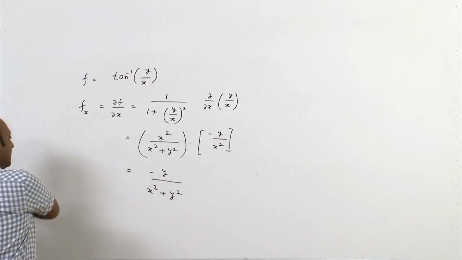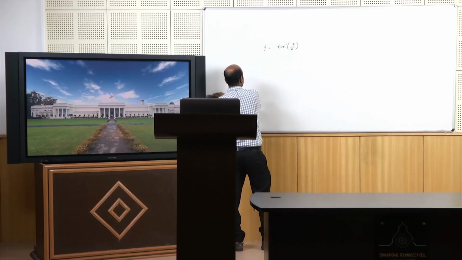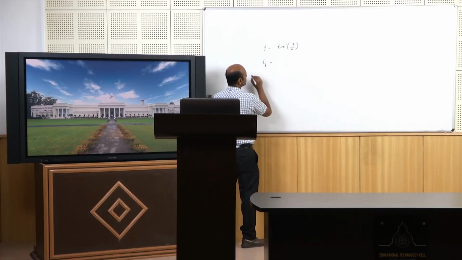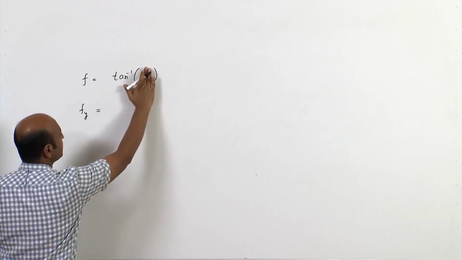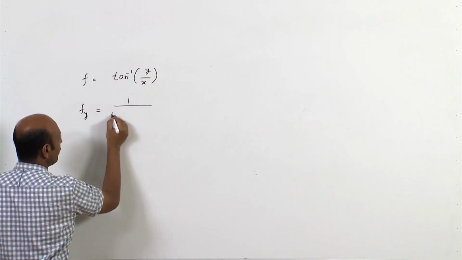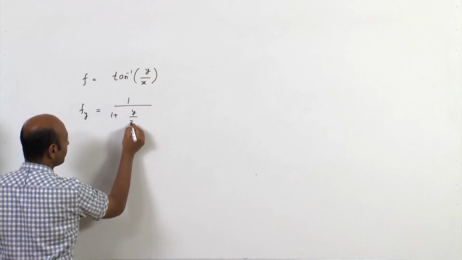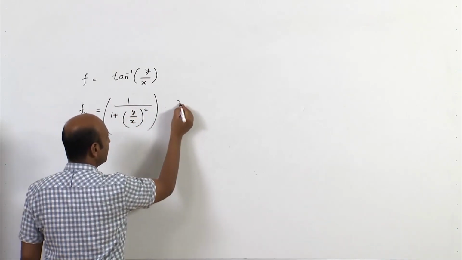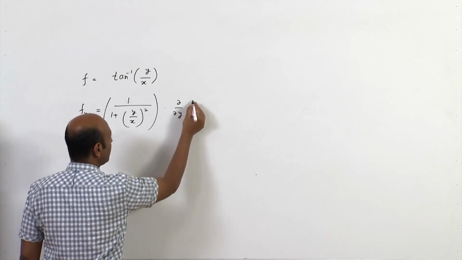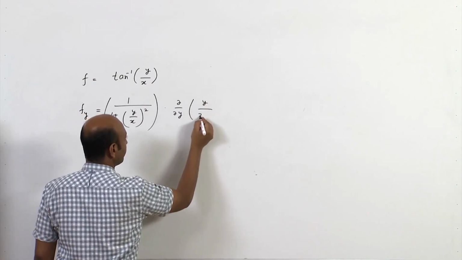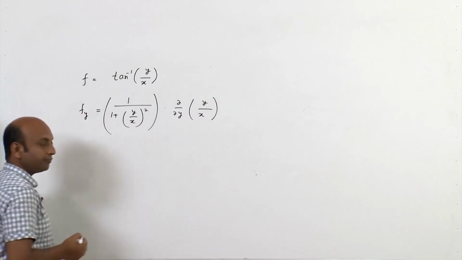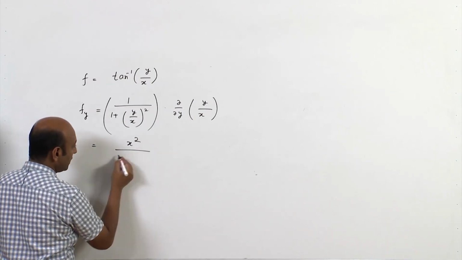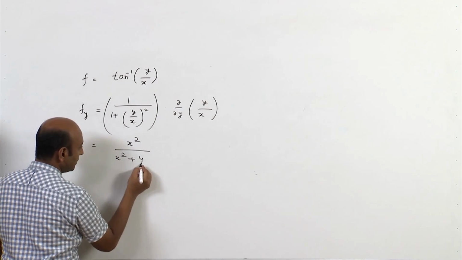Now, del f upon del y is fy, which is equal to, again for tan inverse t, 1 upon 1 plus t square, and then del by del y of t. It is equal to x square upon (x square plus y square).